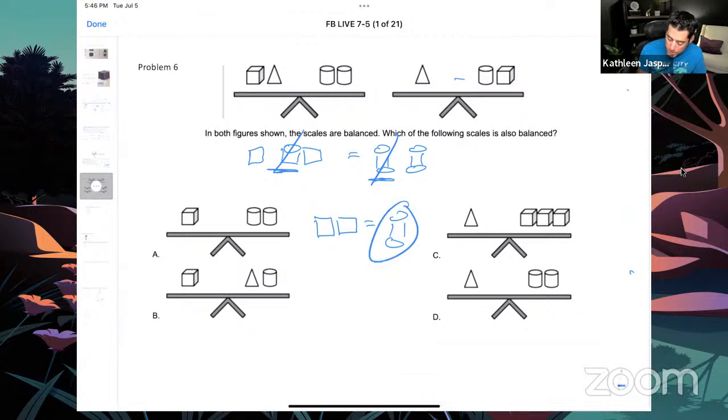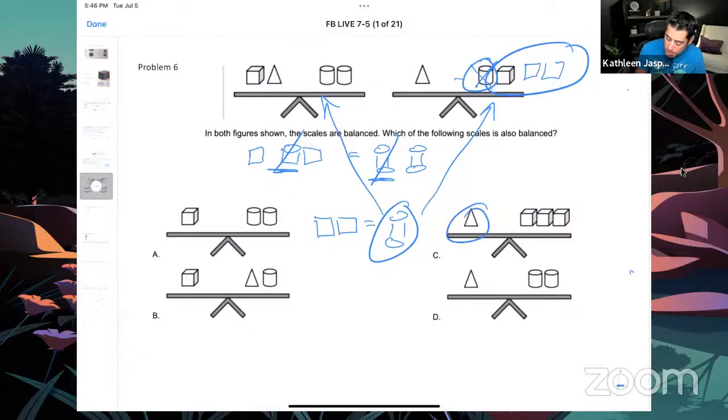How can I take my 1 cylinder and put it in here and get one of my answer choices? The one that jumped out right away, if I substitute this right here, I end up with 2 squares. So that goes away and I get 2 more. And you see how I have 3 squares for 1 triangle, and I got 3 squares for 1 triangle.